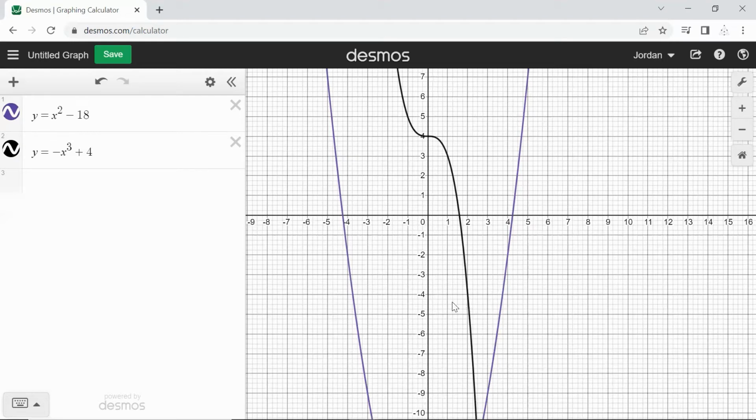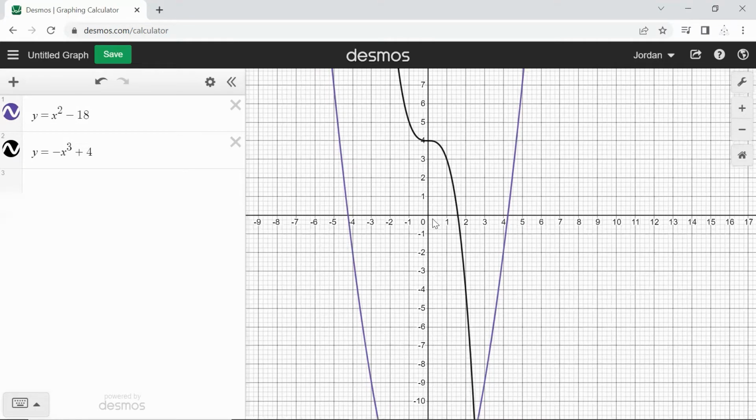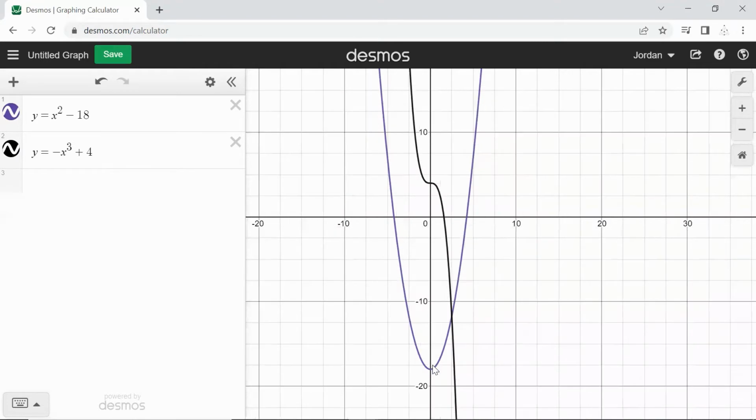The interval that we were looking for started at -1 and went over to 2. Between -1 and 2, you can see the black curve is above the purple.